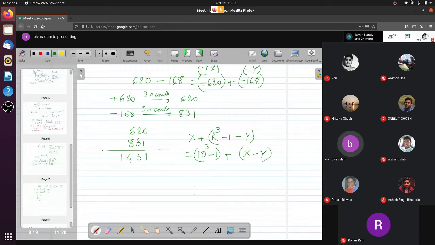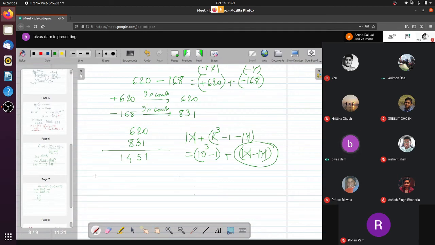Now this is mod of x and this is mod of y. The magnitude of x is greater than the magnitude of y in this specific case, isn't it? Yes, sir. That means this is greater than or equal to 0.